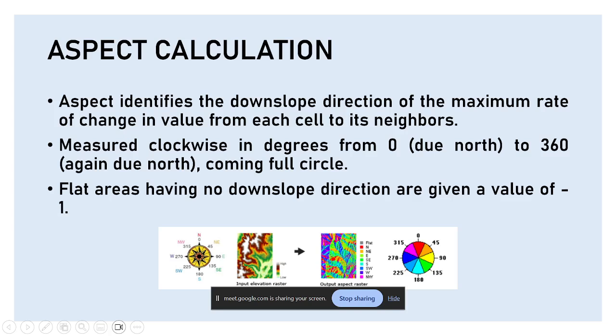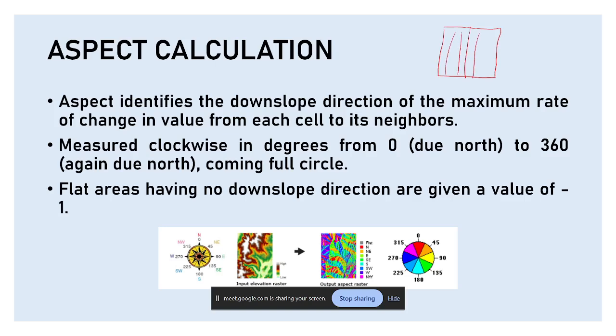Okay, so as I was saying, aspect basically talks about the direction of slope, and here what they are saying is it identifies the downslope direction of the maximum rate of change in value from each cell to its neighbors. So you have a grid. By now you're quite familiar with this representation.